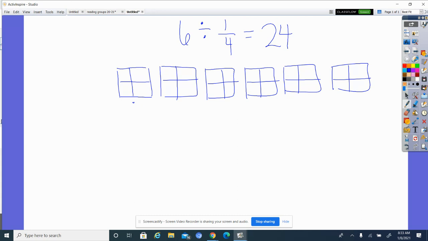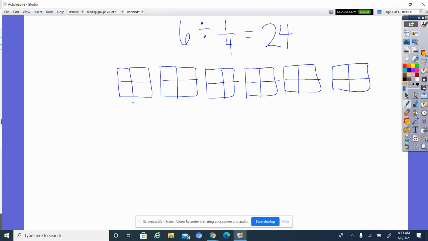Why does 6 divided by 1/4 equal 24? Well, this is the why. Now I'm going to teach you the how: how do you do it without having to draw out every picture.